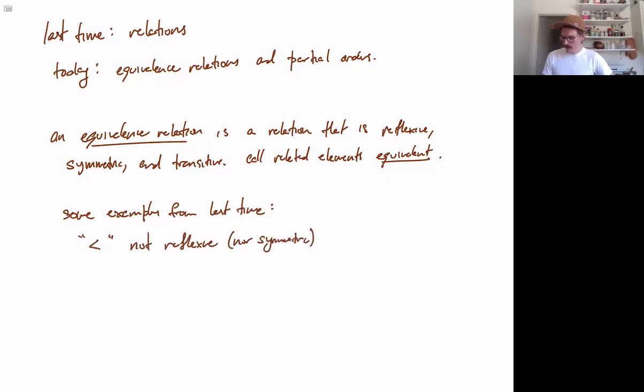In fact, the less than or equal to relation, as well as the divisibility relation, are not symmetric and therefore not equivalence relations.